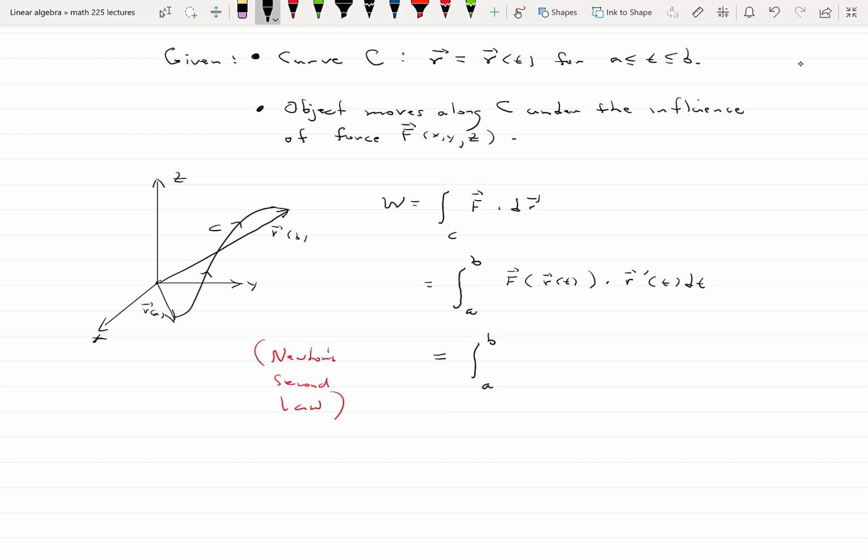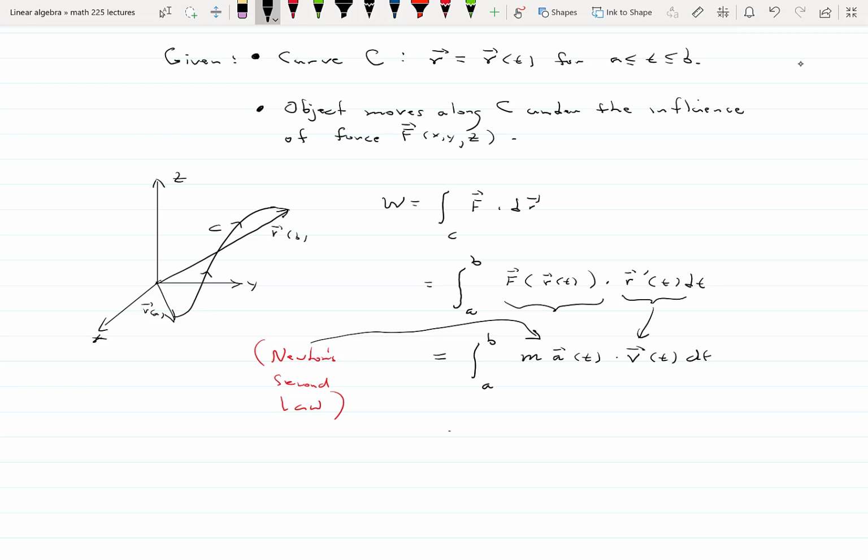So the force is equal to the mass of the object, m, times the acceleration. And r prime of t, I'm sorry, that's not the acceleration, that's the velocity. So this is dotted with v of t dt. Newton's second law was used right there.